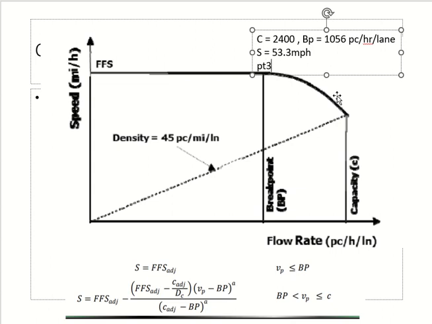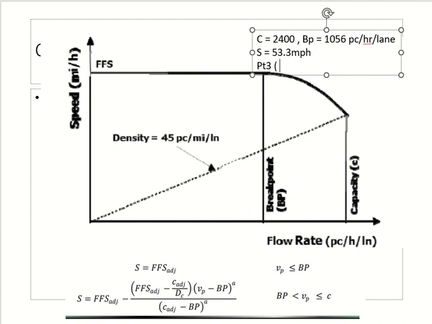Now point number 3, I know it should be between the second and the last. So I know the range of x. For point number 2, x was the break point. For the last point, x is capacity. So I know x is between these two values.